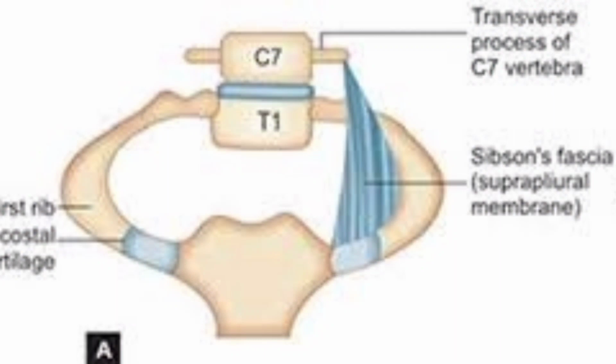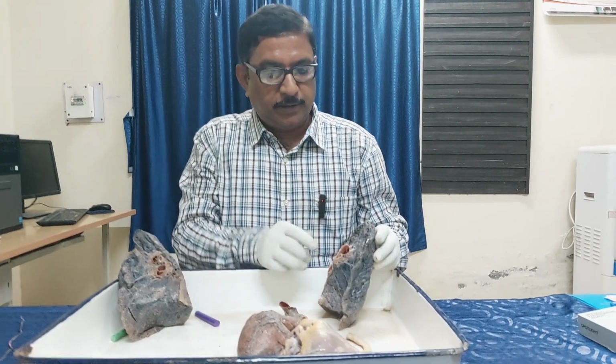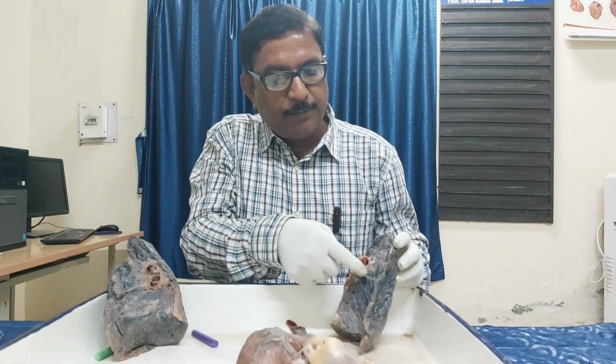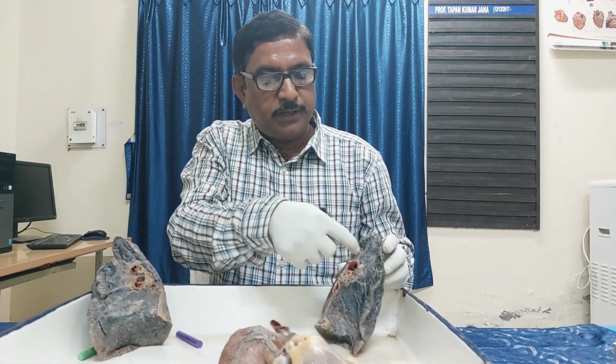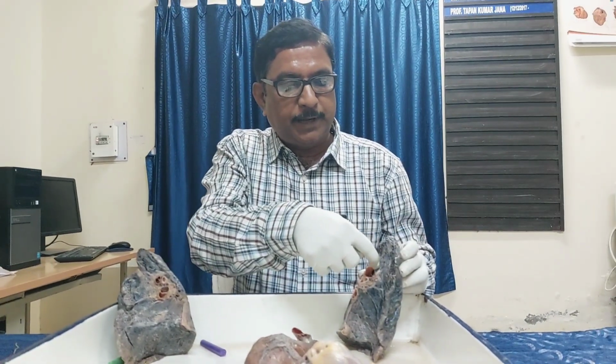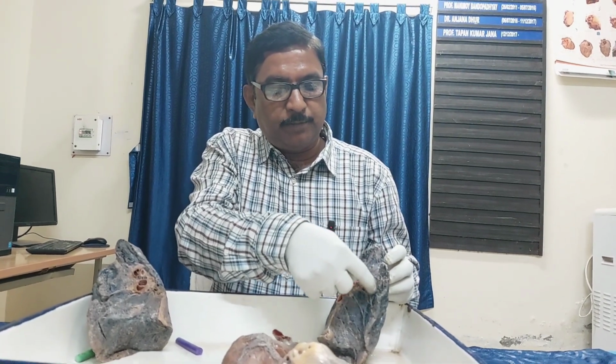So what have you seen? You have seen on the right side mainly the impressions for the veins, and on the left lung mostly the impression for the arteries. Here the arteries are, again I am telling you, the arch of the aorta, then descending aorta, both arteries. Then the left subclavian artery. Here is the pulmonary trunk, again pulmonary artery.